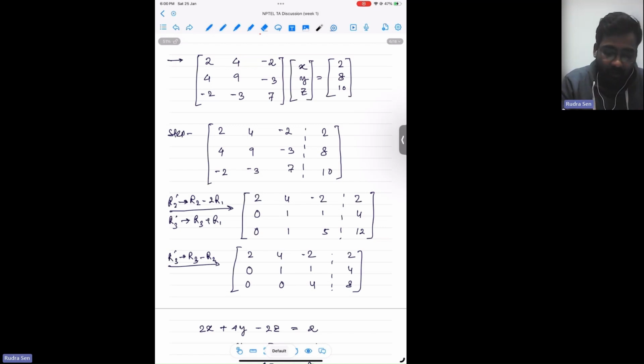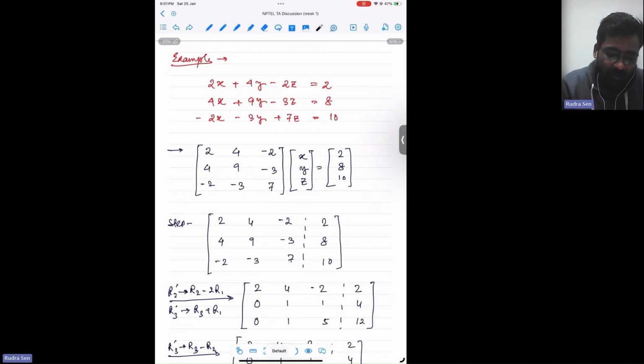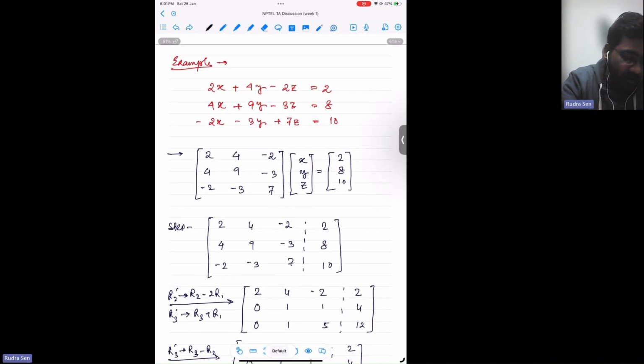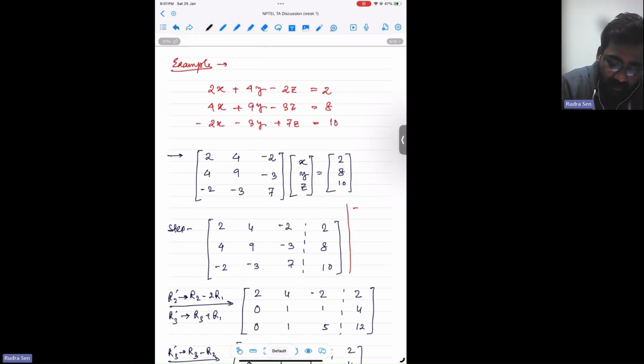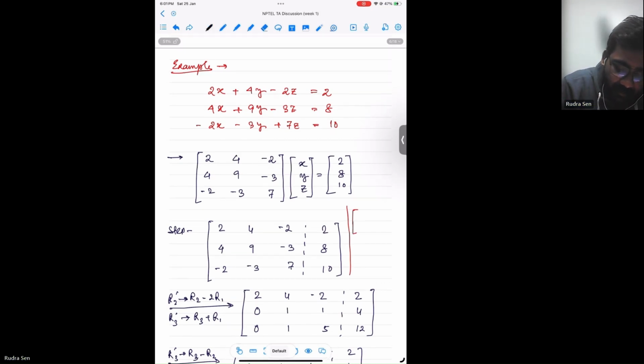If it is not possible, let me write it as a matrix, something like 0 1 3, 0 minus 5 2, and 0 3 5. Let's say this is your matrix. In this case it is not possible to make the first element of the first row non-zero.